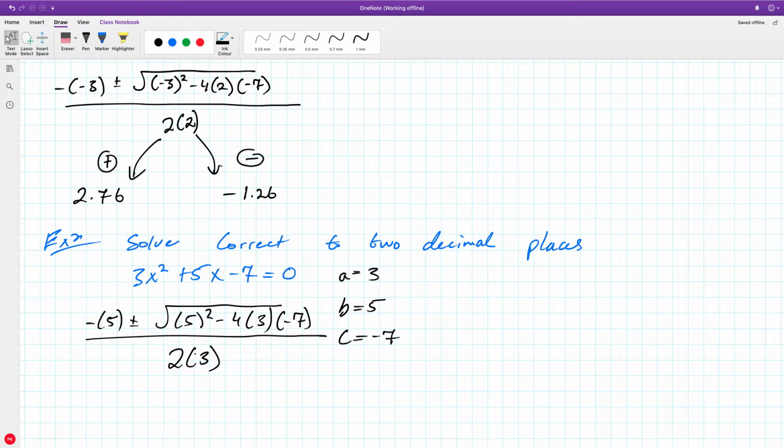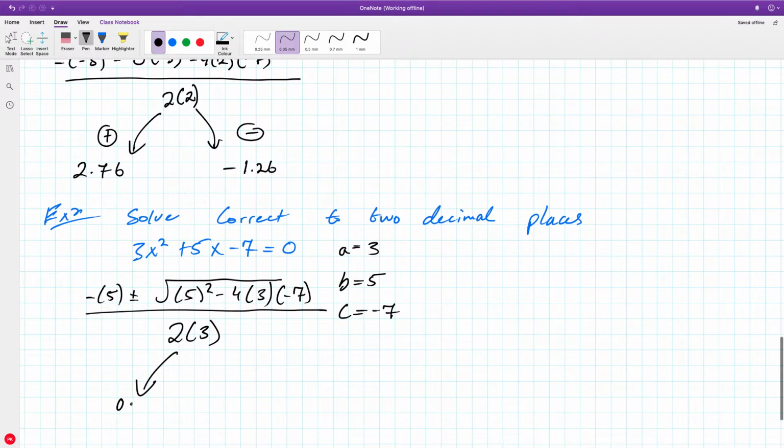Minus 5 plus the square root of 5 squared minus 4 times 3 times minus 7, all over 2 times 3. Now we're getting 0.90 for the plus, that's the plus answer, and for the minus, we're getting minus 2.57.